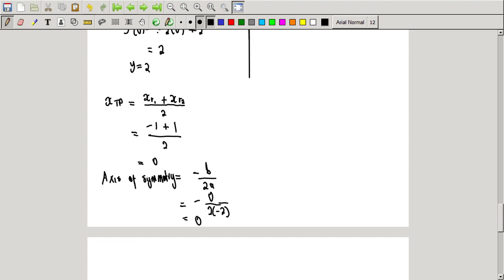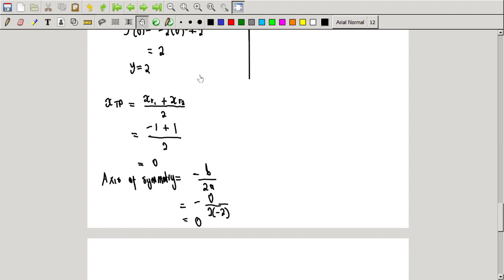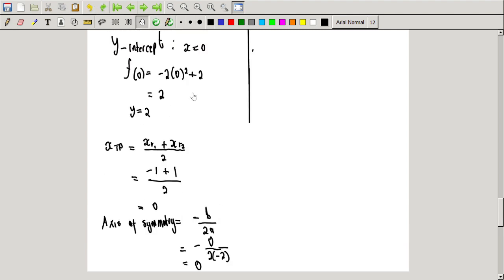But we know something very interesting. Something interesting is that at 0, the y is 2. So this means that the y-intercept and the turning point are the same.